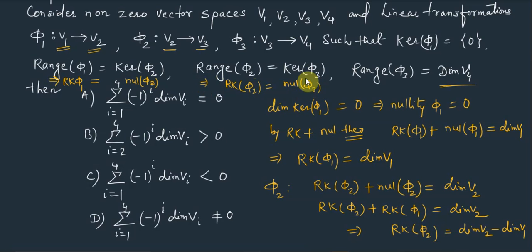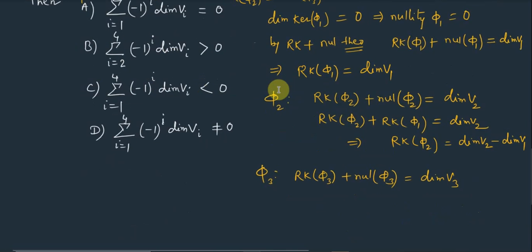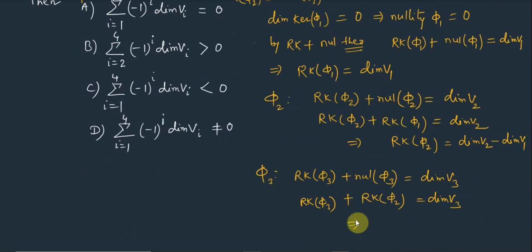We replace nullity of phi3 by rank of phi2, so rank of phi3 is equal to the dimension of V3 minus rank of phi2.